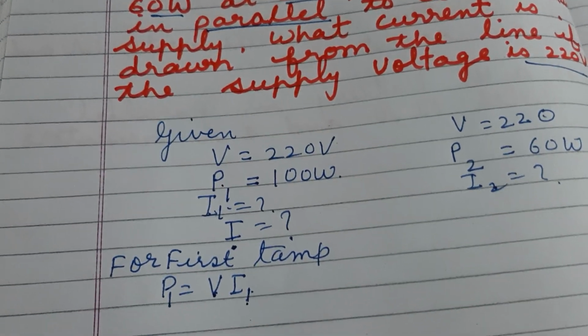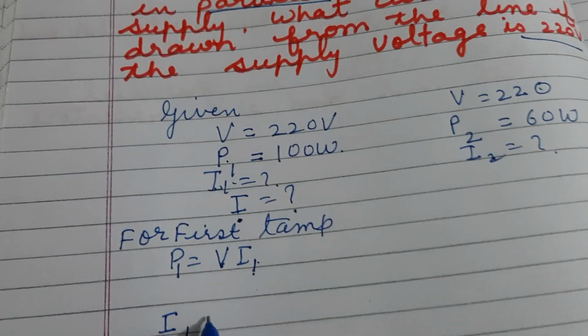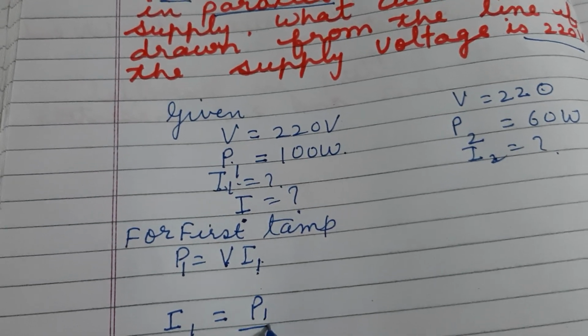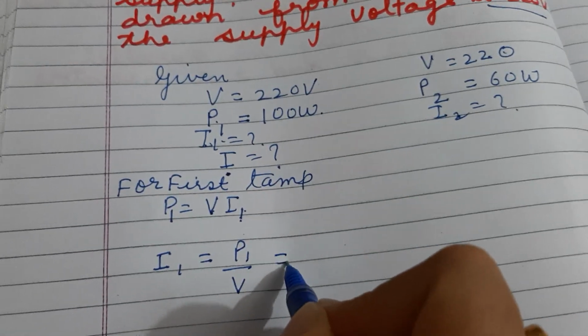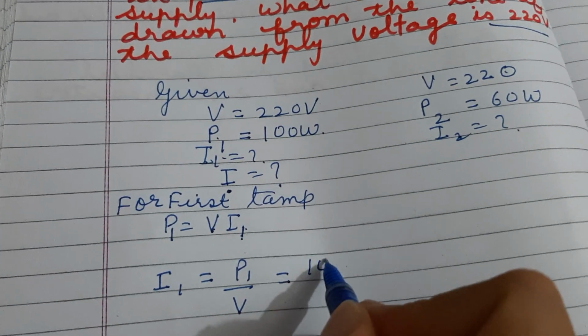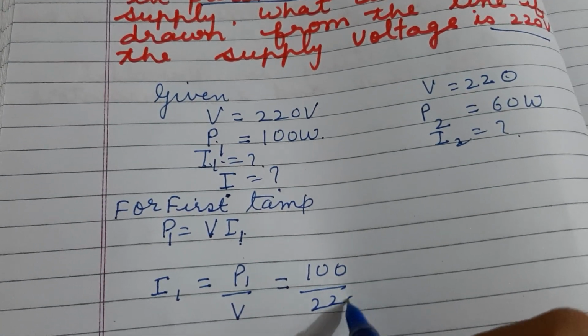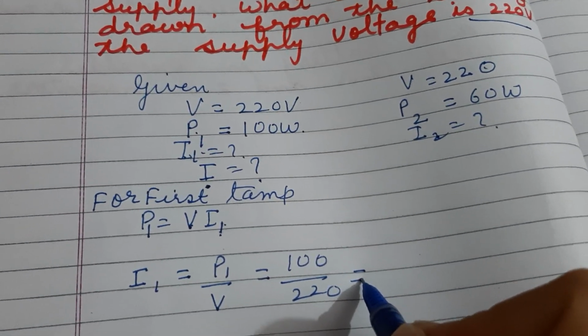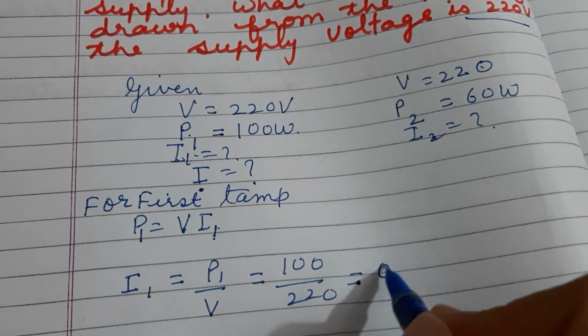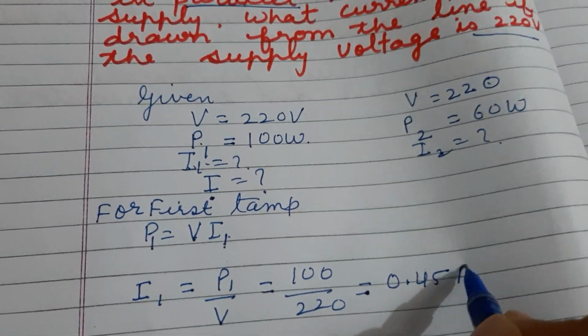So I1 = P1 upon V, which is 100 upon 220. When you simplify it, you get 0.45 ampere.